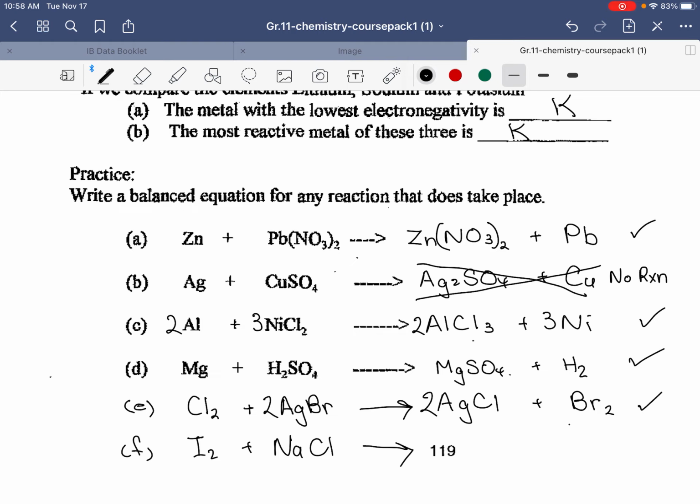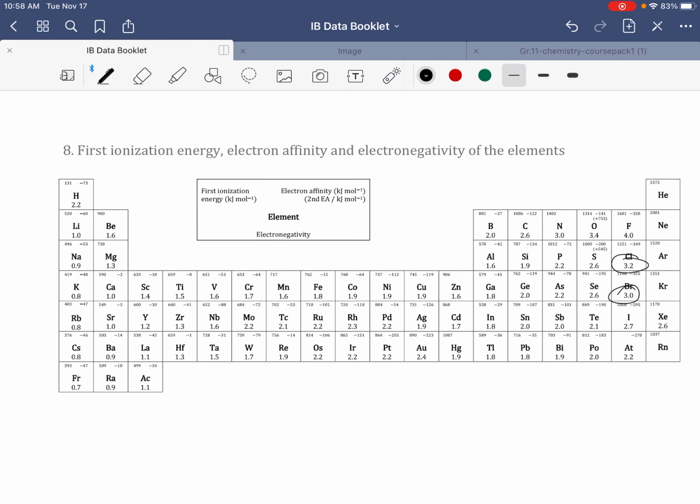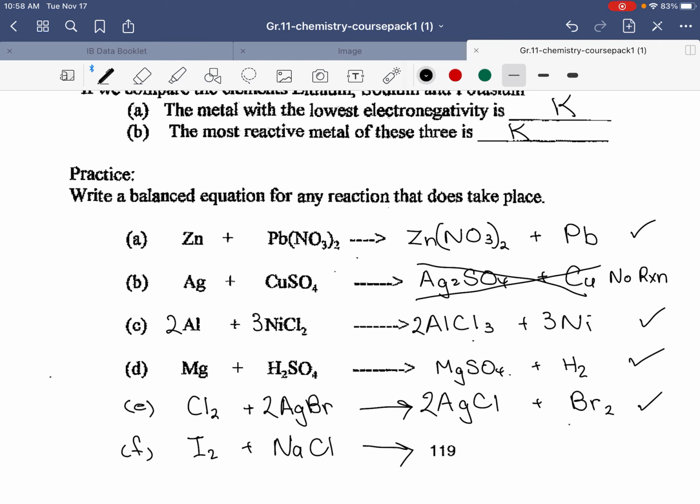Great. How about the next question? Can iodine gas displace chlorine gas? I'm sure you guys know the trend, and you probably already figured out that the answer is no. Cl is 3.2. You are only 2.7. Cl is way more attractive than you.